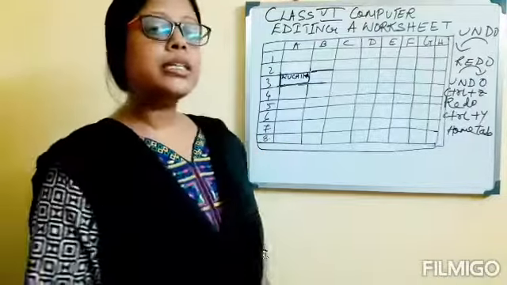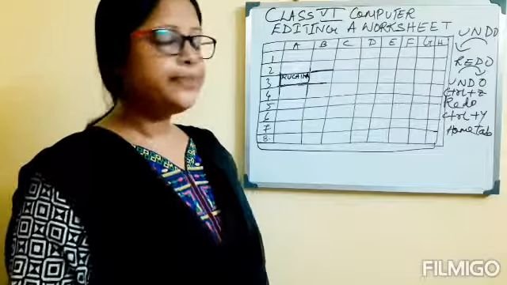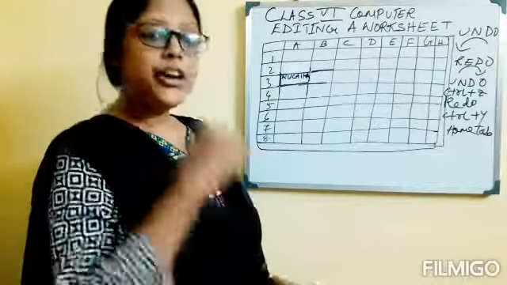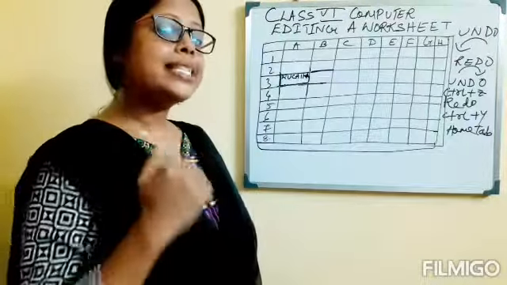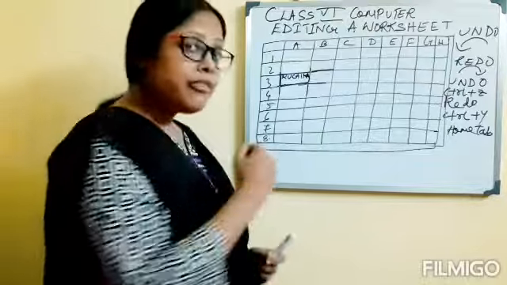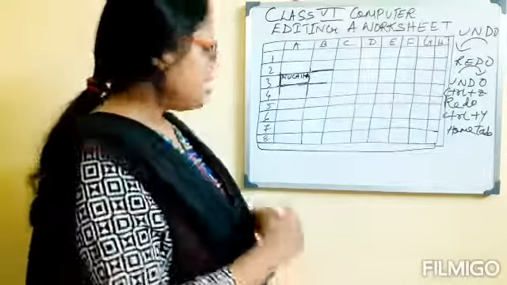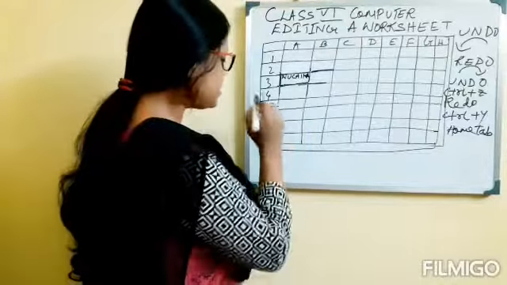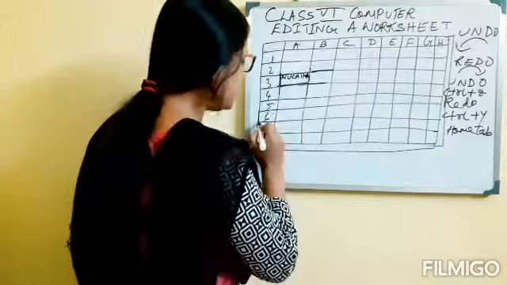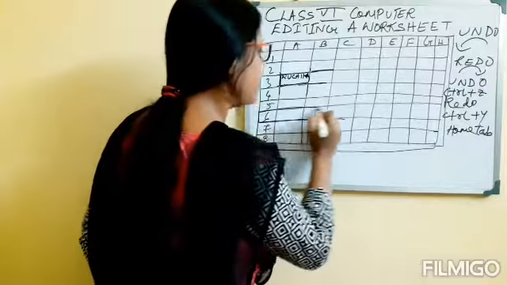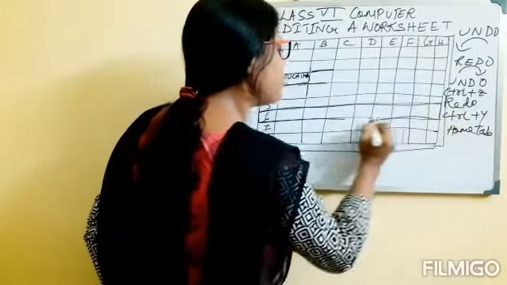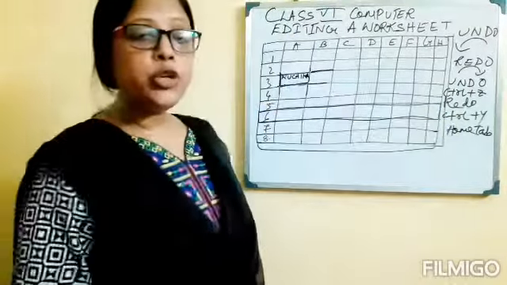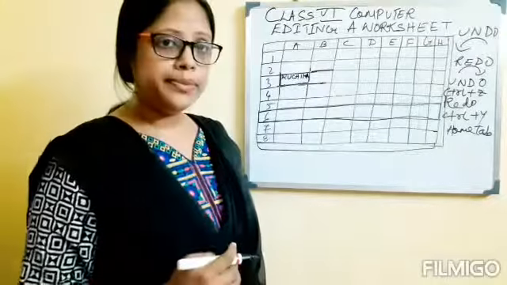Now to insert a row, remember that a new row always gets inserted above the selected row. Suppose you have selected row 6 and you want to insert a new row.